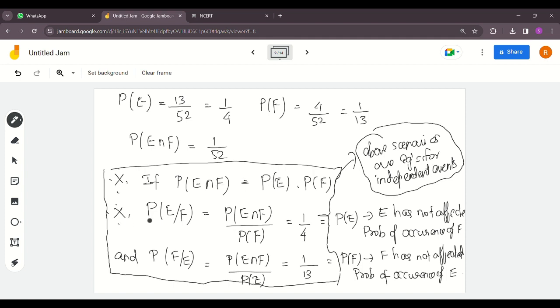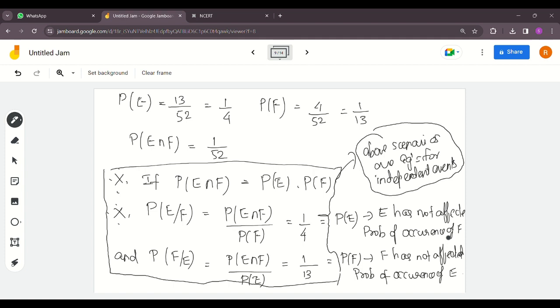If not, you will have to find the conditional probability P of E given F, which is P of E intersection F by P of F as per the formula. 1 by 52 divided by 1 by 13. So 13 goes to the numerator and it will be 1 by 4, which is nothing but P of E. So F has not affected the probability of occurrence of E. That is the definition of independent events I gave in the beginning.